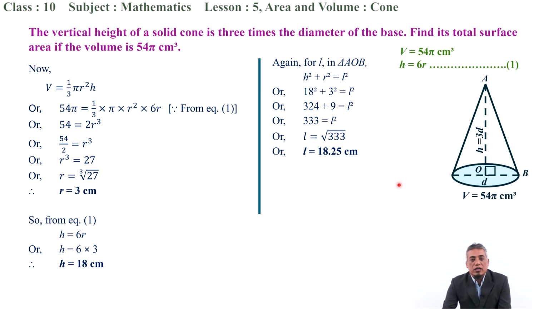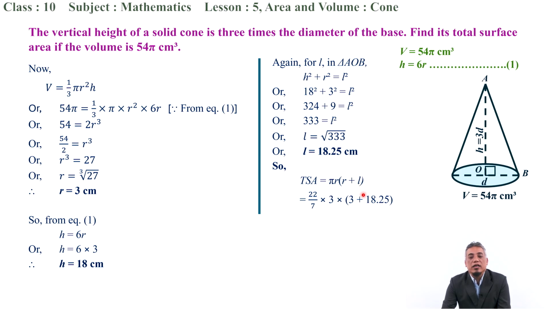Okay. So now we have got L, we have got R, and now we are ready to find the value of total surface area by using this formula. TSA equals pi r times r plus L. So when substituted, pi is 22 by 7, r is 3, R is again 3 here.